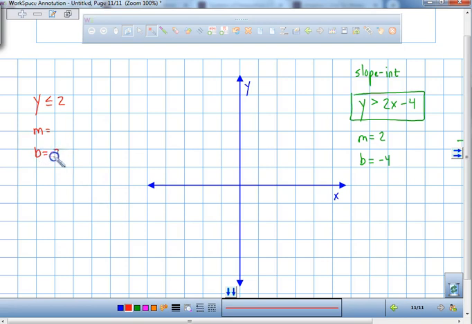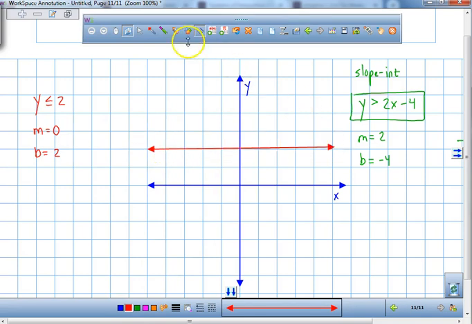My y-intercept's 2. What's my slope? 0. Slope 0. So what kind of line am I going to draw here? A nice solid line at y equals 2. Where am I going to shade? Below. I'd shade everything below.